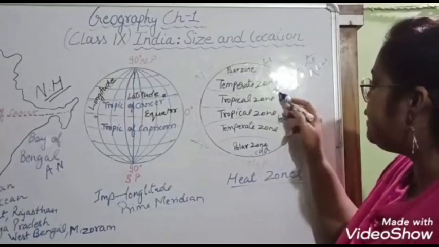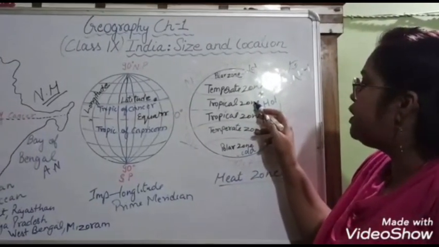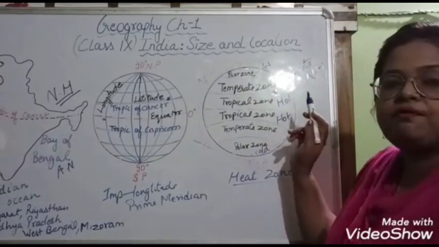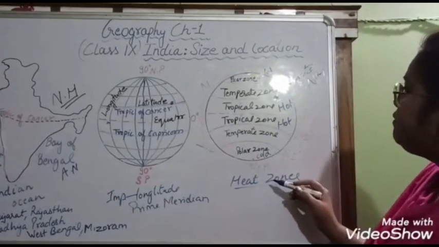Location of India is here, and we can say India is having a tropical type of climate and some area of temperate type of climate. So India lies in this area, and the heat zones are divided.